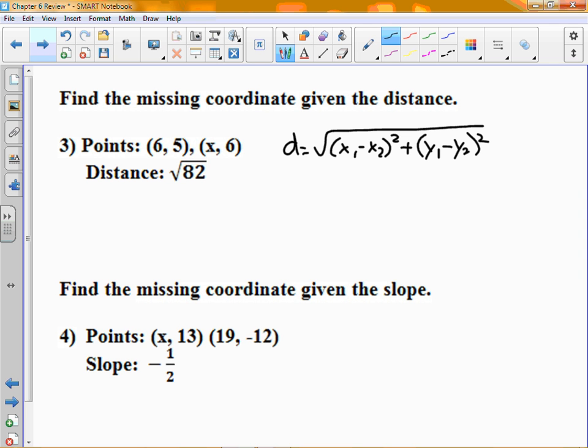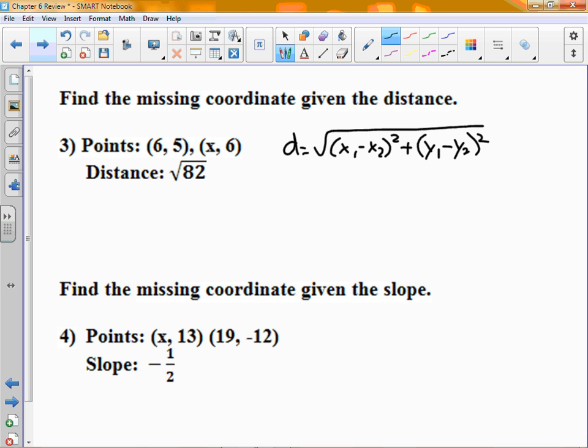And then I substitute into this equation where I need the numbers. Okay? I take that square root of 82 and I put it right here where D is. I take 6 and put it where x1 or where x2 is. I take 5 and plug it in. I take 6 and plug it in for the y it goes for.